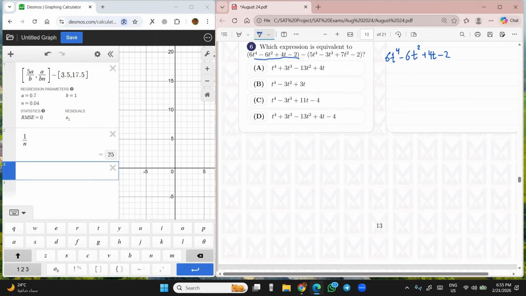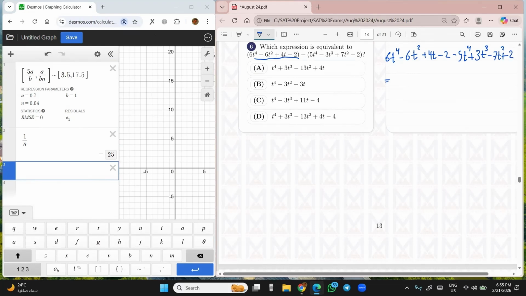All of them are the same, but here the negative changes everything that comes after it. So negative 5t to the 4th plus, instead of minus, 3t cubed. And instead of this positive 7t squared, we write minus 7t squared. And then instead of this negative 2, we write plus 2.